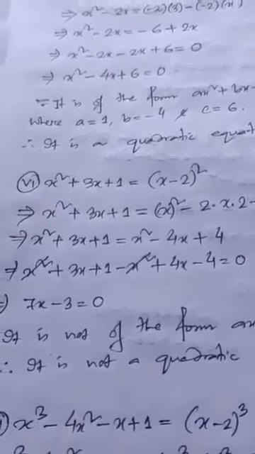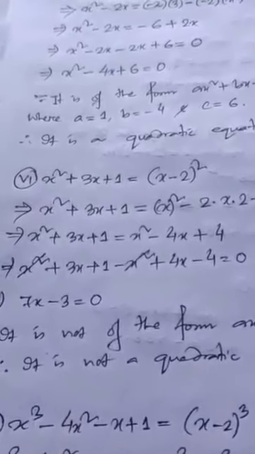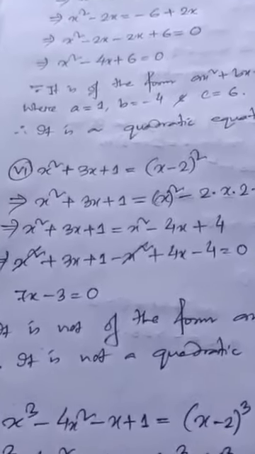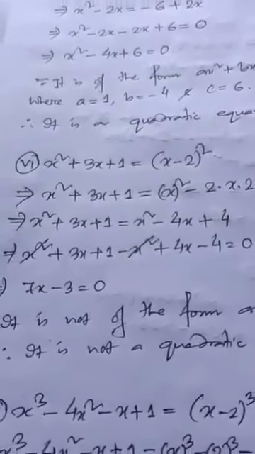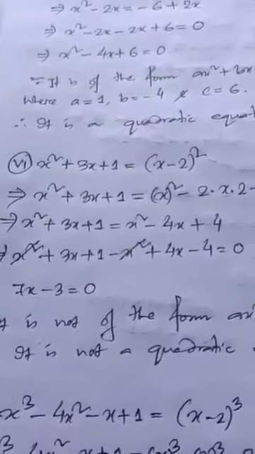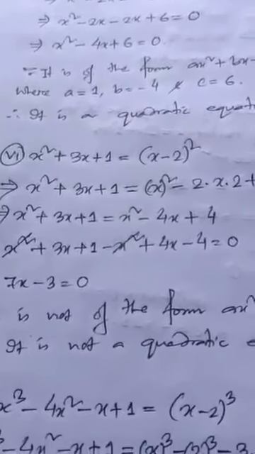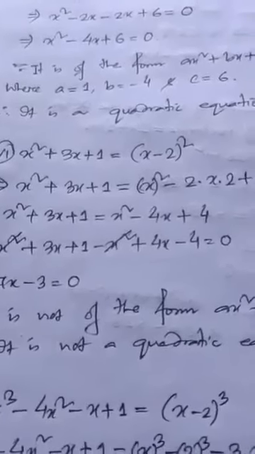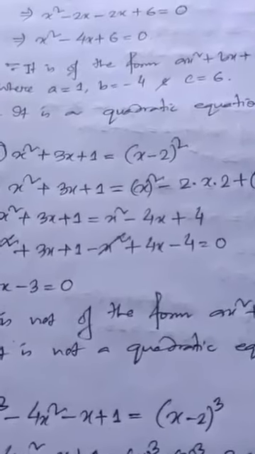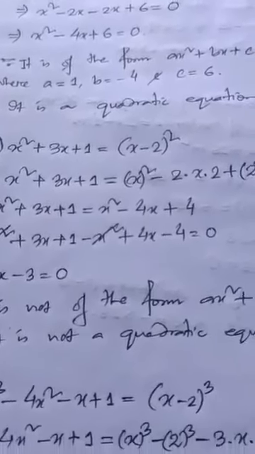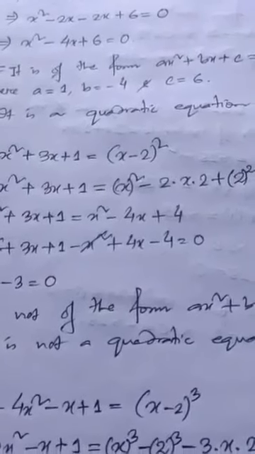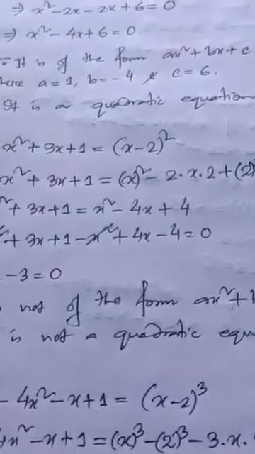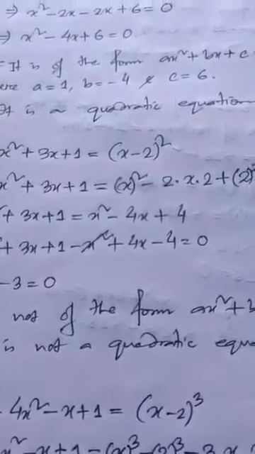Here we can do anything on LHS, so we'll keep it as it is, x square plus 3x plus 1. Now in RHS we can do something. If you see this on RHS, it is of the form a minus b whole square. And we know the formula is a square minus 2ab plus b squared.